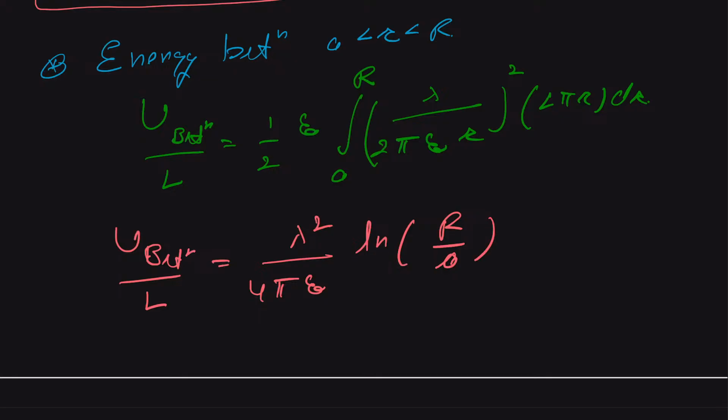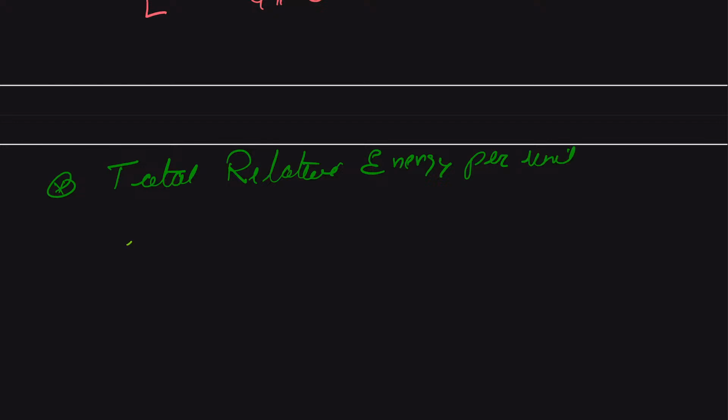It means total energy will be equal to the summation of both. So you can say total relative energy per unit length. Let us suppose that is our U upon L.